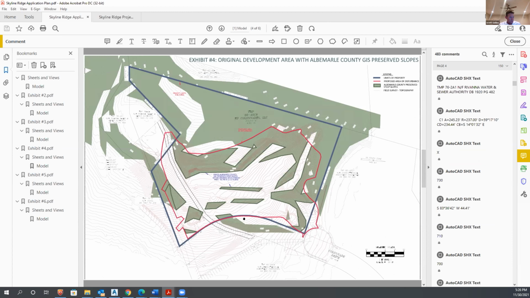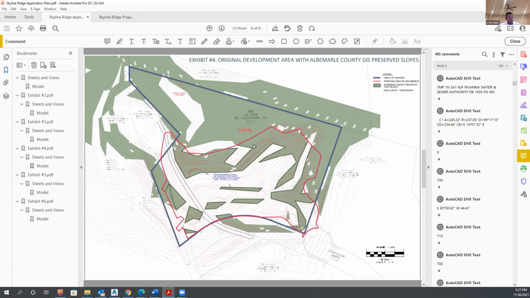We're not changing that. We're going to stay within the same limits of disturbance that was part of the approved plan. And you can see the red contours here overlaid. That was recently topoed area along the site, and that's what produced these new slopes across the site.